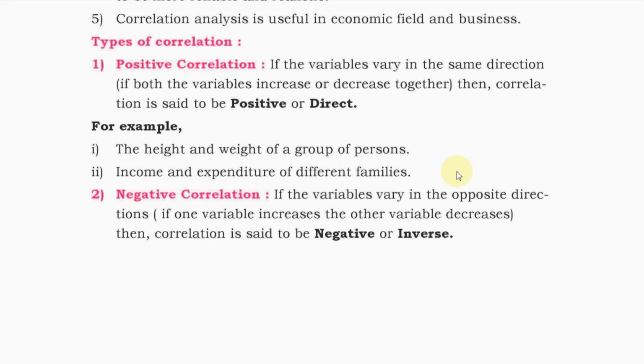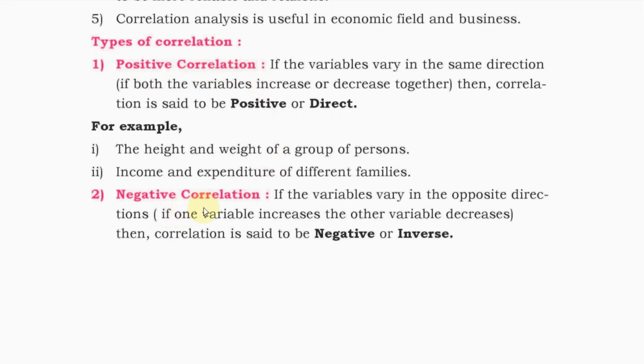You observe that as the income increases, the expenditure also increases. Income is one variable, expenditure is another variable, say x and y. So as x increases, so does y. This type of correlation between two variables is called a positive correlation.